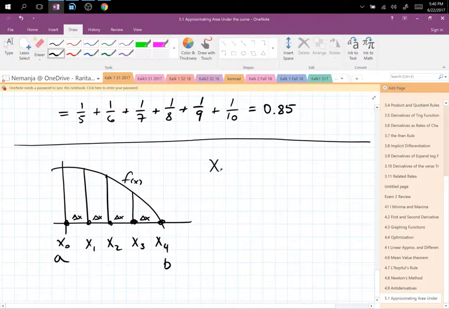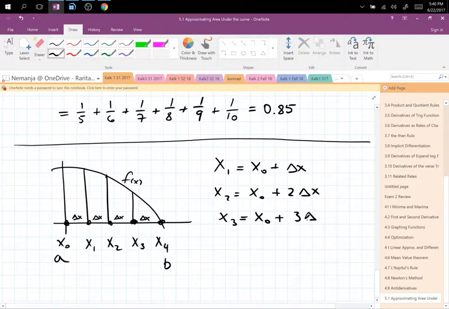So I can say that x2 is x1 plus delta x, because you take the location of x1, add delta x to it, and you get x2. Sorry, I want to start with x0. x1 is x0 plus delta x. x2 is x0 plus 2 delta x. x3 is x0 plus 3 delta x.